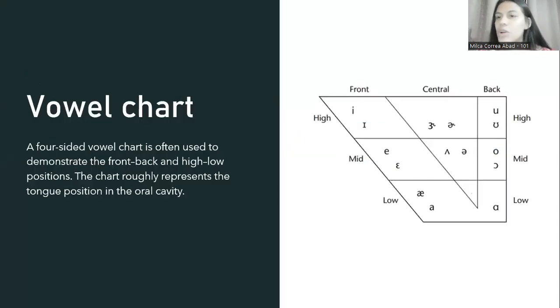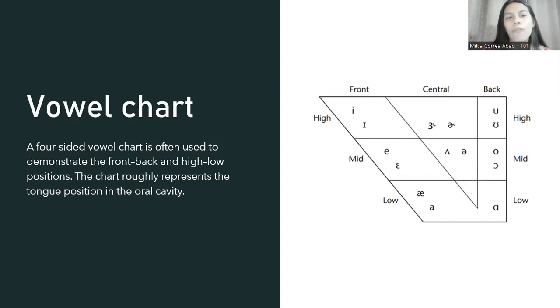To make it easy to understand, there is something created called a vowel chart. As we can see in the picture, you may ask yourself, what is that? That is basically the form of this space, which shows how high our tongue rises, the high and the low, and, as I indicated before, the front, the central, and the back.